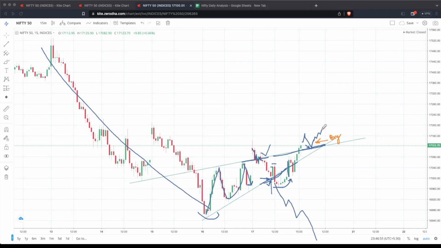But in this case, we have a resistance at around 17,200 to 20 in that region. So this will be a resistance line on Monday for Nifty. So if price hits this resistance line, takes resistance, and starts falling down, this can be a sell signal and take profits for the longs.